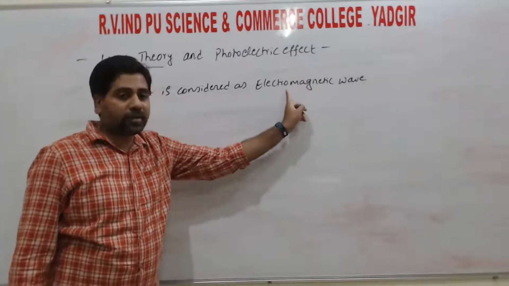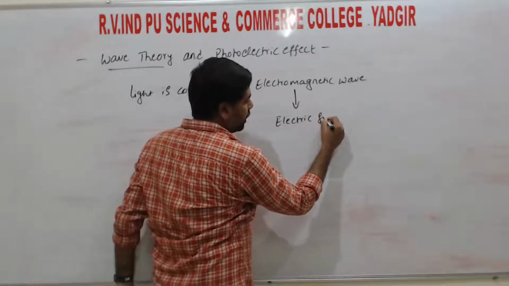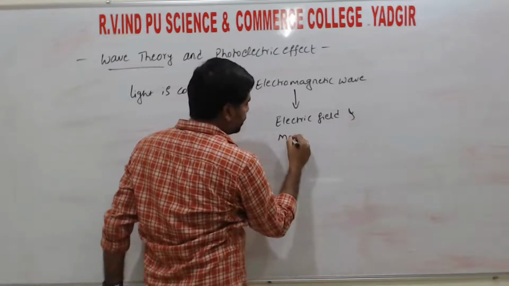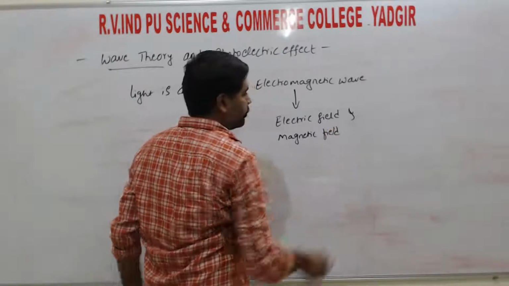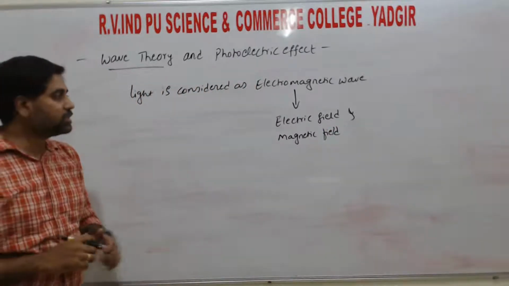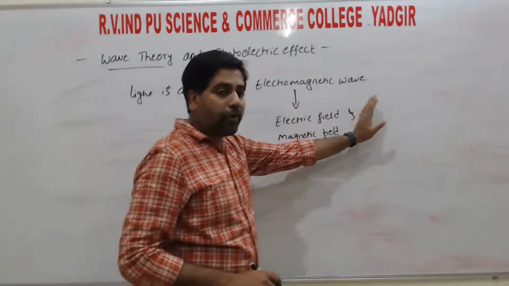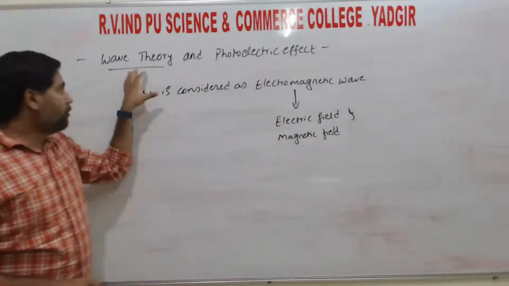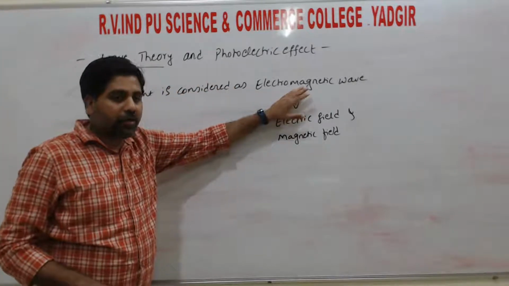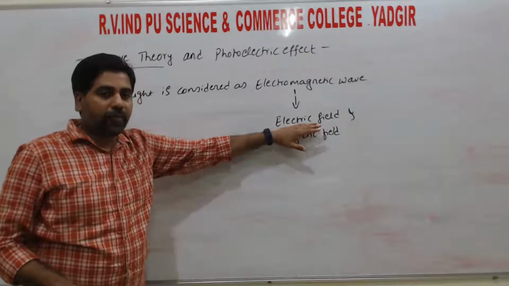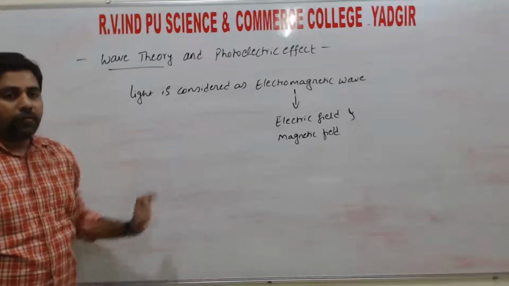The electromagnetic wave is nothing but it contains both electric field and magnetic field. Its intensity depends on throughout the space, throughout the waveform, right? So this is about the wave as we discussed in the wave theory. That is, light is considered as the electromagnetic wave, which consists of electric field and magnetic field. These intensities in the space will be formed throughout the wave, right?